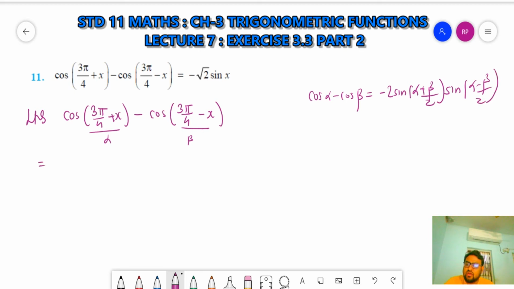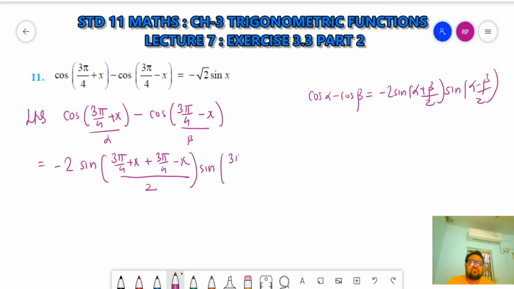So here I will write minus 2 sine of alpha, that is 3 pi by 4 plus x, plus beta, 3 pi by 4 minus x, upon 2, times sine of alpha, 3 pi by 4 plus x, minus, see whenever I am using minus, I use a bracket, because with minus minus the sign gets changed, (3 pi by 4 minus x) upon 2. In the first one x gets cancelled.